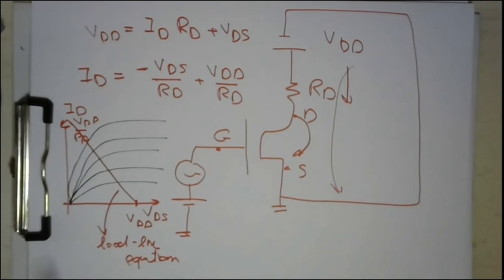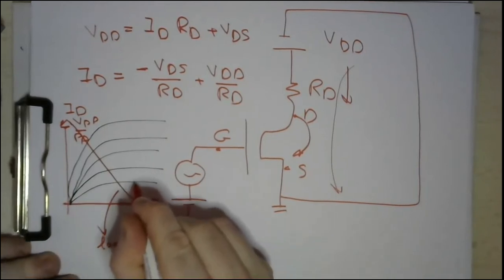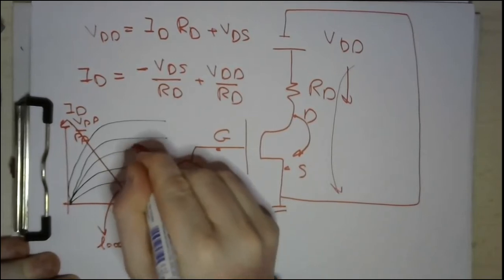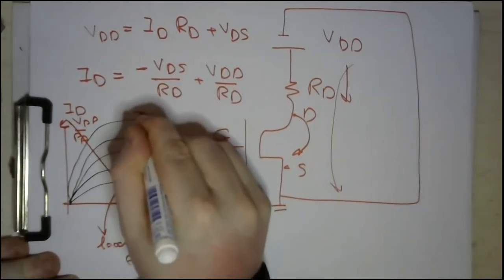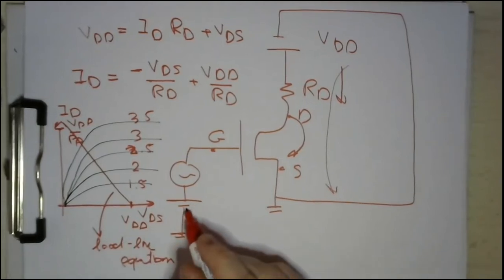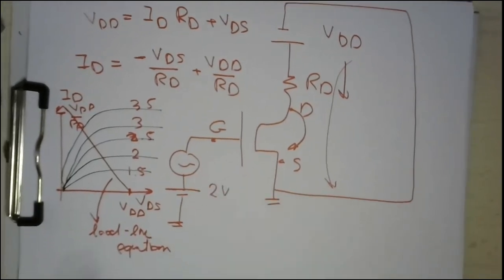How? This family of curves, if you remember, my dear students, is plotted with respect to the different values of VGS. So, for example, this is for 1.5 VGS, 2, 2.5, 3, 3.5, and so on. Okay, so if you started to do a DC analysis, then you are considering this voltage, which is, for example, 2 volts.